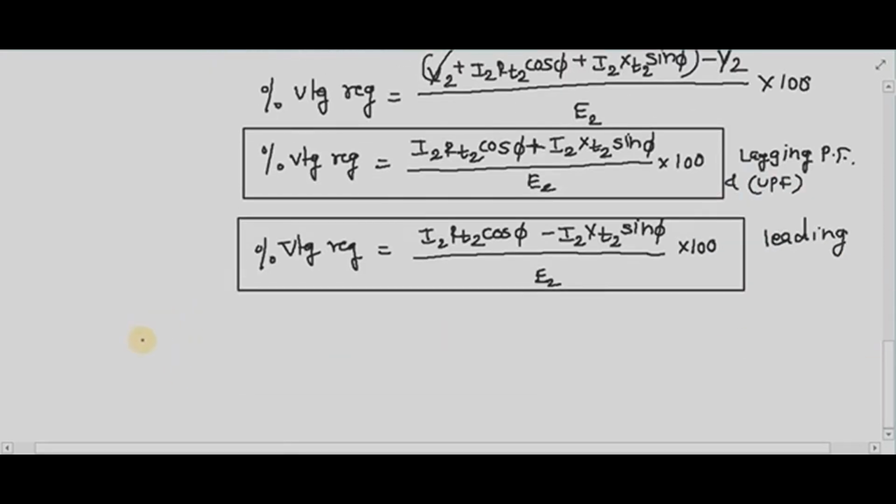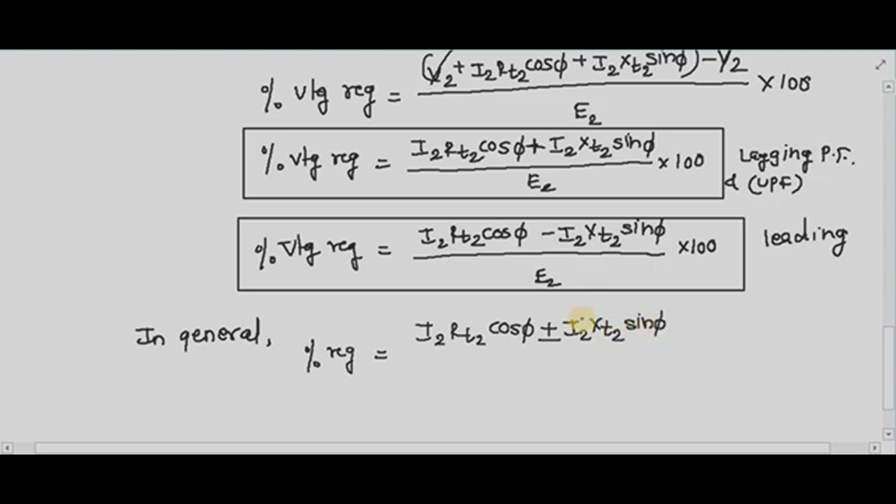So in general, we can write the expression for voltage regulation as I2 RT2 cos phi plus or minus I2 XT2 sin phi divided by E2 into 100.